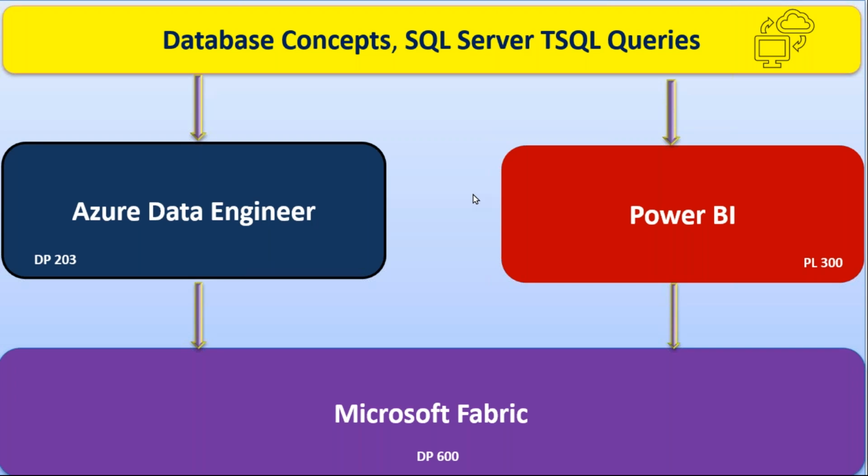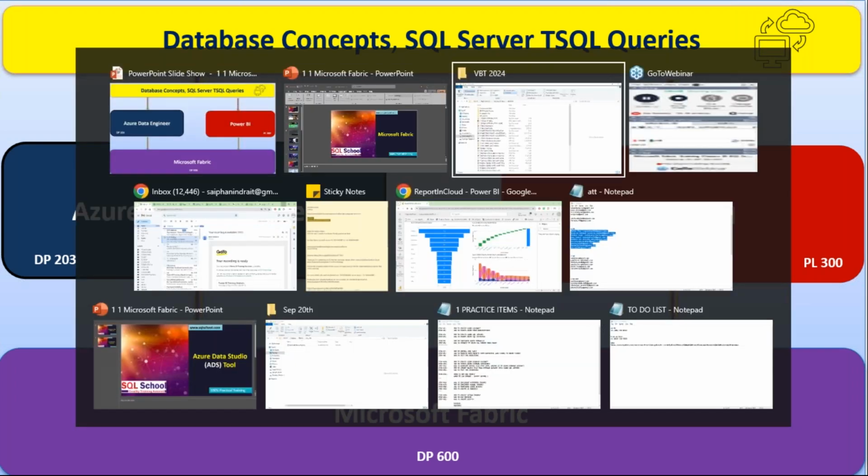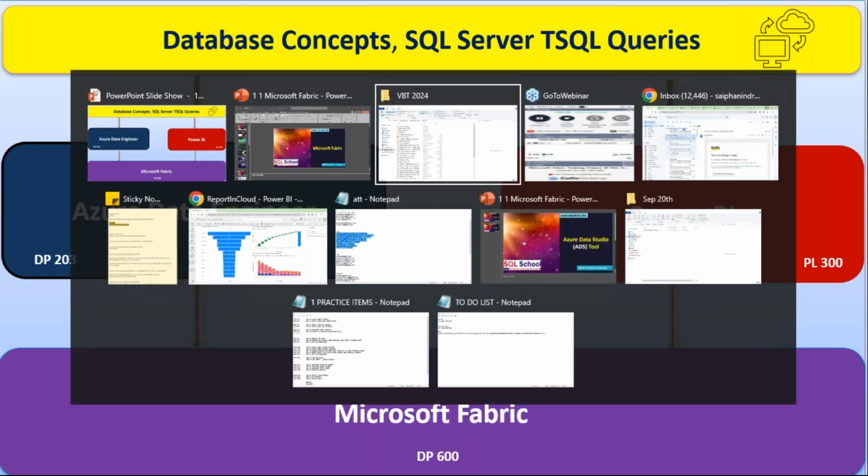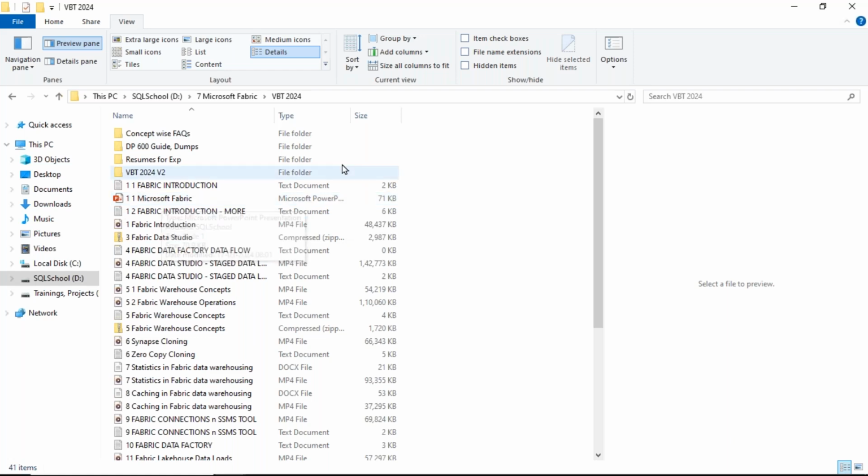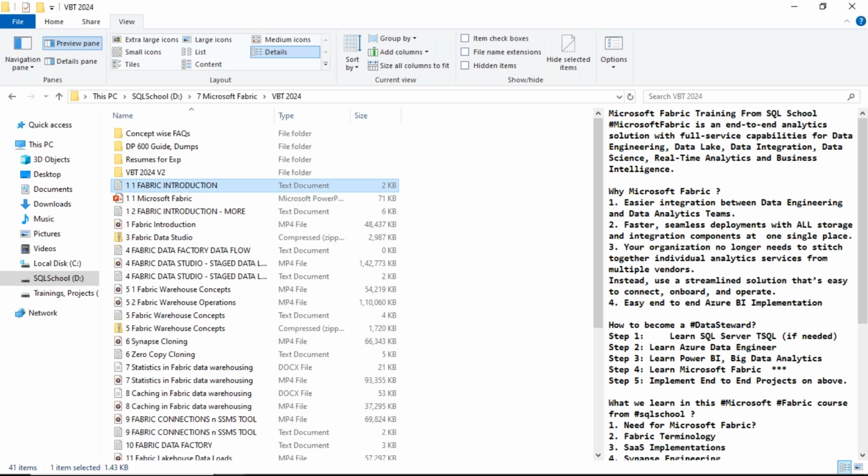Our classes would be something like this. Yes, in detail, very much detailed. We'll be starting from the very basics of what is Fabric. It is a combination of engineering and analytics.